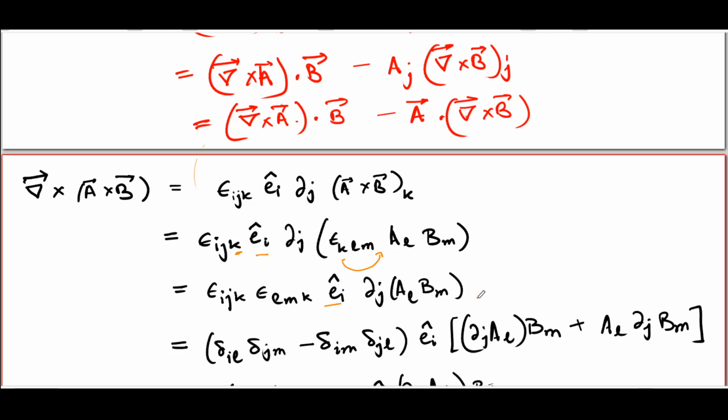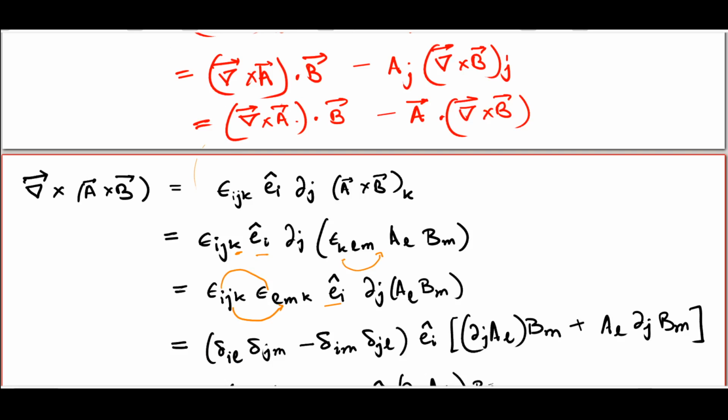So firstly, because of this contraction over k, this product of two epsilons gives me this expression. Let me remind you once again that the way in which you can easily write down this expression is essentially take the two free indices, the first and the second in the first term. That will give you a delta il delta jm.